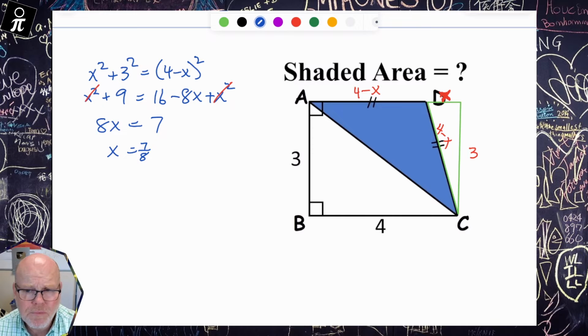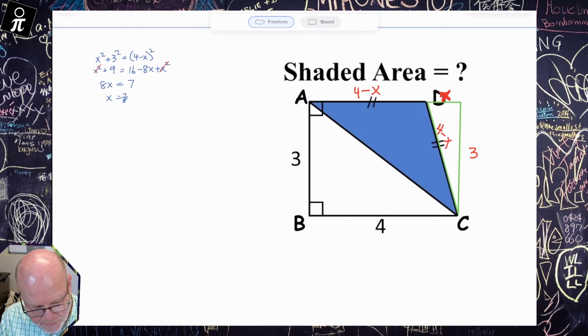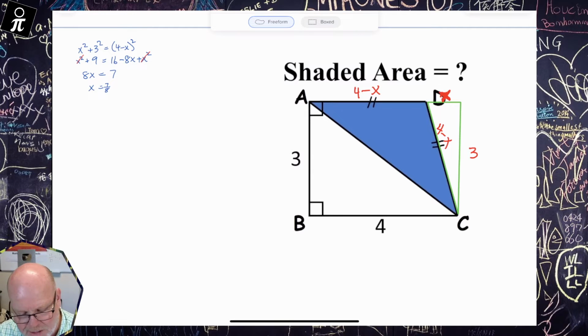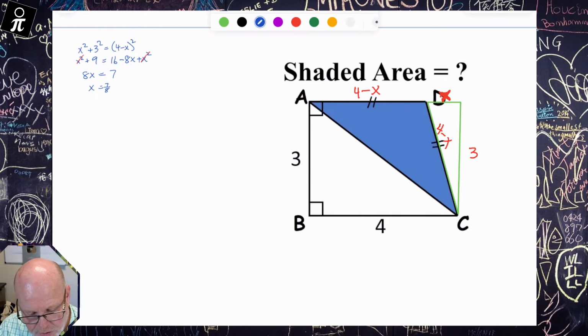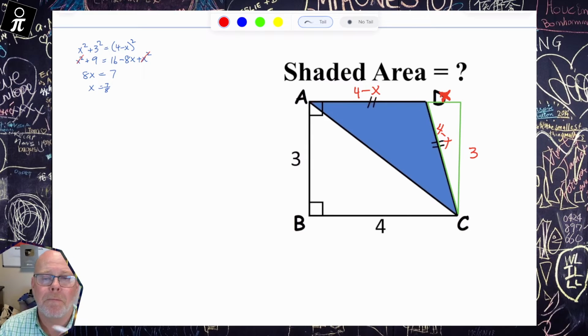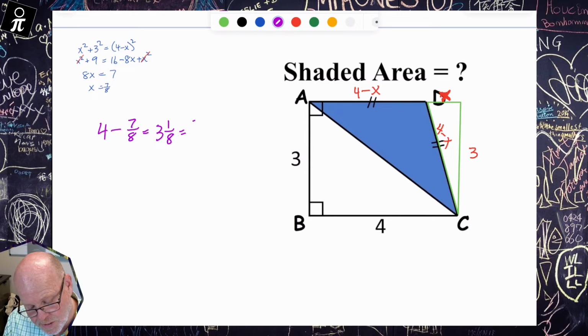So now we know that x is equal to 7/8. I'm going to make that a little bit smaller because we don't need that lurking out there. That means the length of this is going to be 4 minus 7/8, which is 3 1/8, or 25/8.